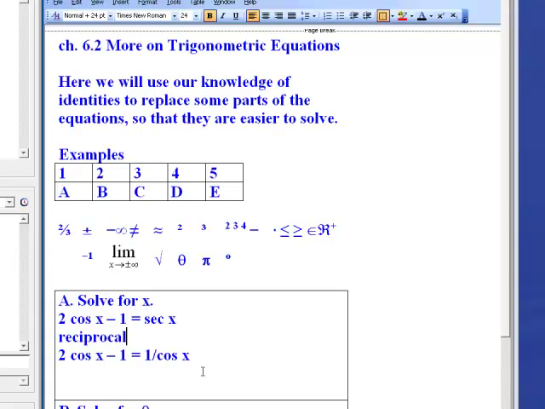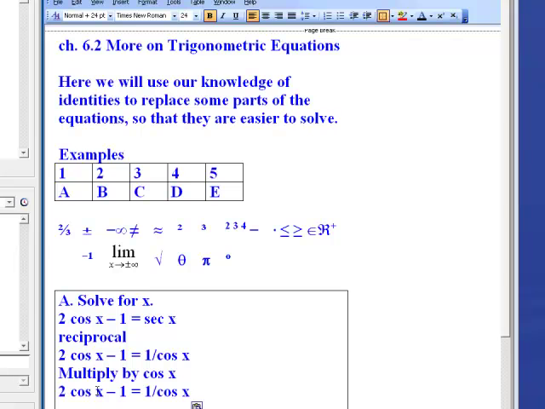Reciprocal identity, and then multiply by cosine x on both sides, which means we're going to come up with 2 cosine squared x minus cosine x equals 1.